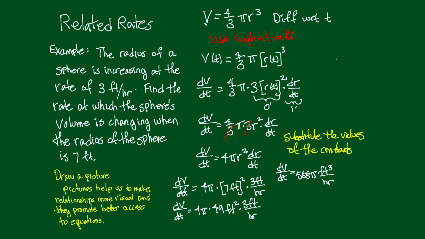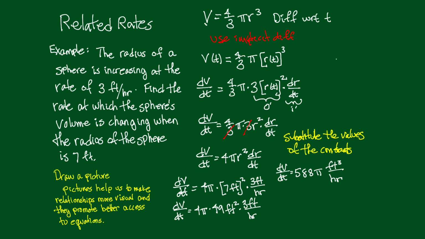And that 588 doesn't even look readable, so let me rewrite that again. 588 pi cubic feet per hour. And that's the solution to our problem. Go back and read the problem. It says the radius is increasing at 3 feet per hour. Find the rate at which the sphere's volume is changing. The sphere's volume is changing, that's dV/dt, and I found that rate.